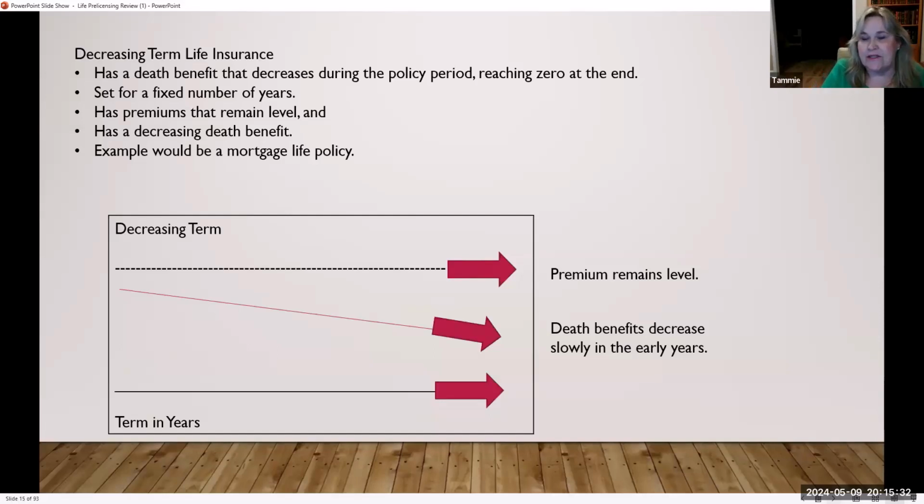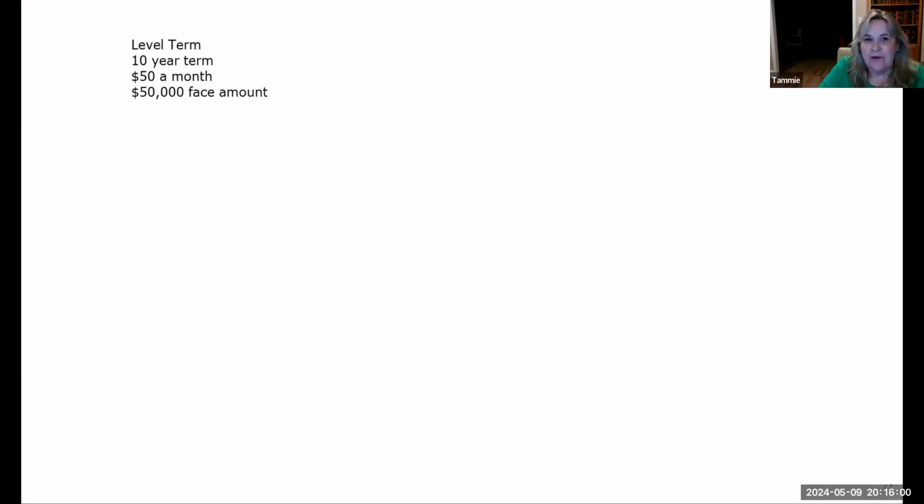Now, decreasing term, okay, when you think about decreasing term, think about mortgage life, okay? So what happens here is your premium still remains the same, just like it did with the level term, but your death benefit goes down as you, for example, pay that house off. Now, going back over here to the whiteboard, when you have level term, the premium stays the same, the face amount stays the same.